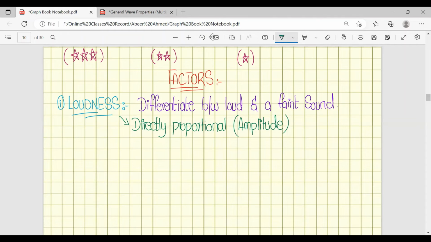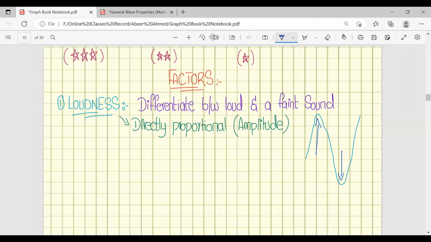Because when we draw a wave, if we draw a wave like this, the maximum height or the maximum depth represents the amplitude of a wave, right? So if two waves are there, you can easily identify with the help of amplitude which wave or which sound is the louder one, right?